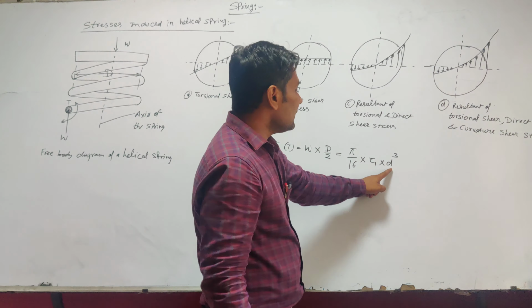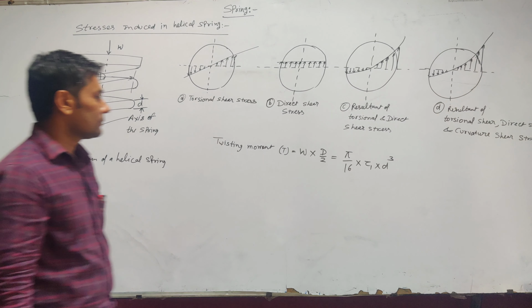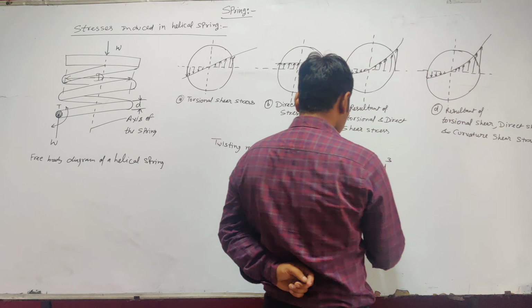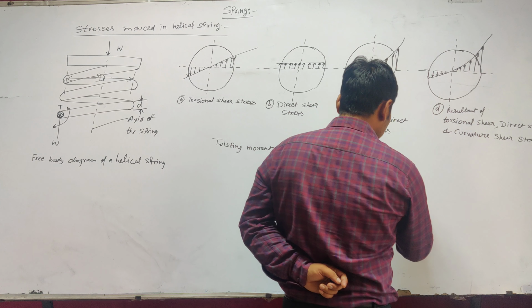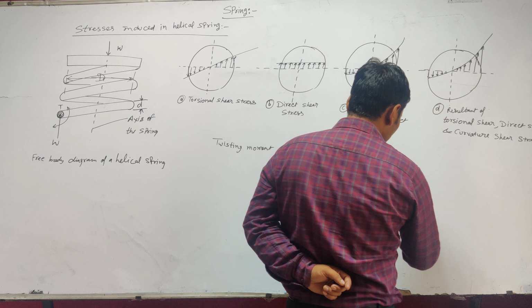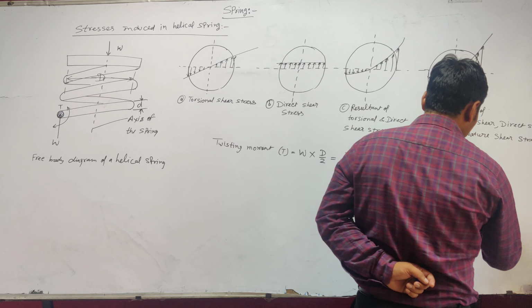This is the small d, spring wire diameter. From this, tau 1 is equal to 8WD upon pi d cube. This is equation number 1.